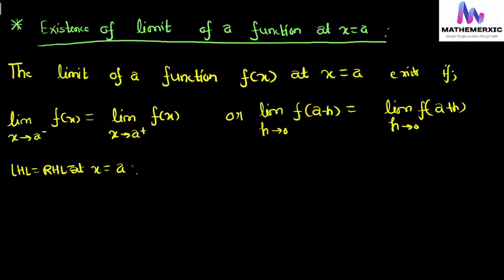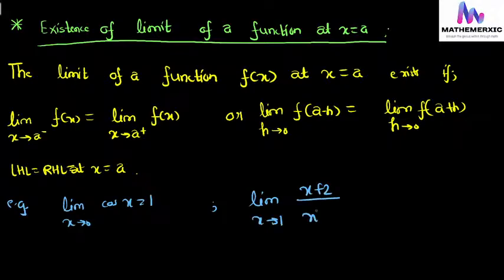For example, we can take some examples like limit x tends to 0 of cos x is equal to 1, and limit x tends to 1 of x plus 2 over x square plus 1 is 3 by 2. So this can be done like this.